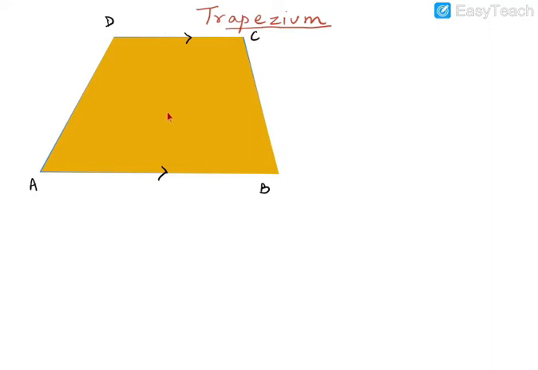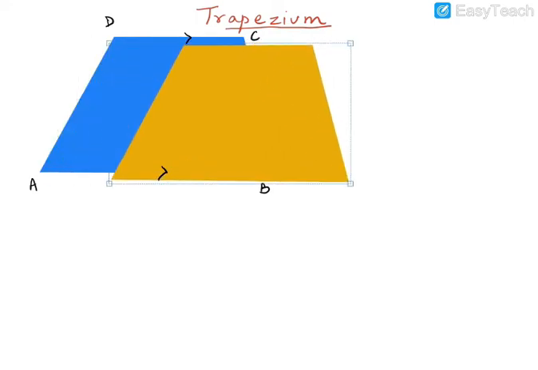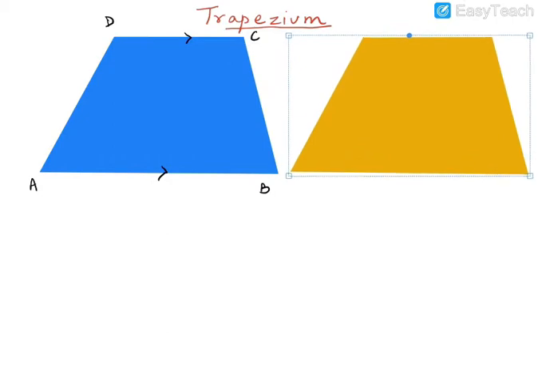Now obtain an identical cutout of this trapezium on another colored marble paper. Label the second trapezium as PQRS. Now obtain a replica of trapezium ABCD and of trapezium PQRS.